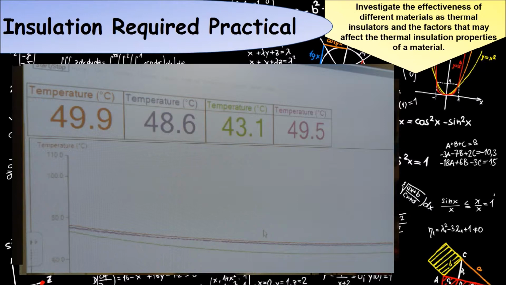I would advise you get some results that correspond to the types of insulation that you've used. Hopefully this shows you how the temperatures are decreasing, and decreasing differently depending on the different types of insulation.